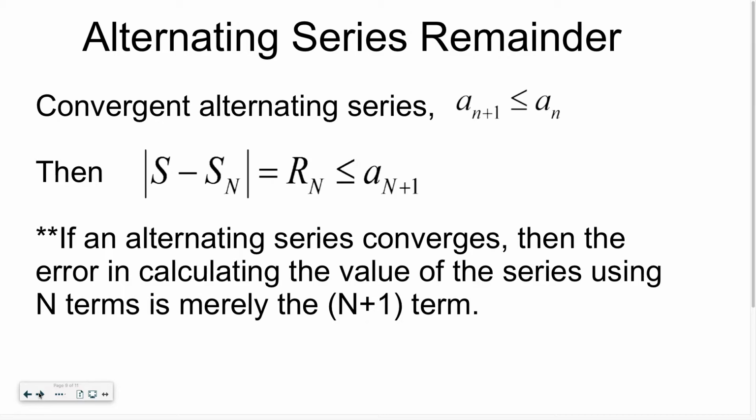So whatever partial sum you find, it differs from the actual infinite sum by less than or equal to the next term. So if you could approximate the actual sum, you can have an interval of what the actual sum would be.